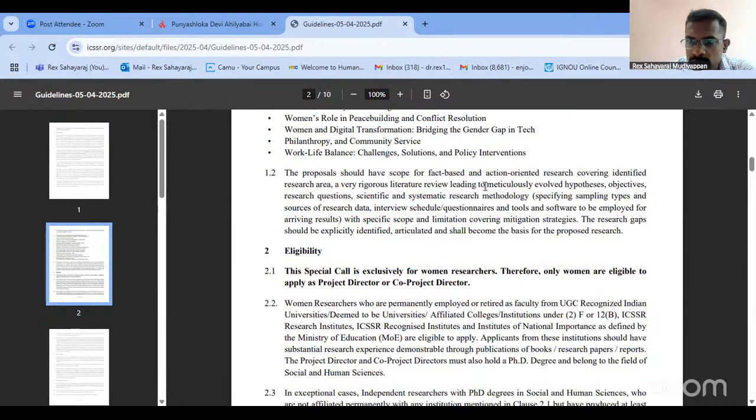The call asks for meticulously evolved hypotheses, subjective research questions, a scientific and systematic research methodology, specifying sampling types and sources of research data, interview schedule, questionnaire, and tools and software to be employed for arriving at results. With a specific scope and limitation covering mitigation strategies, the research gap should be explicitly identified and articulated, and shall become the basis of the proposed research, right?